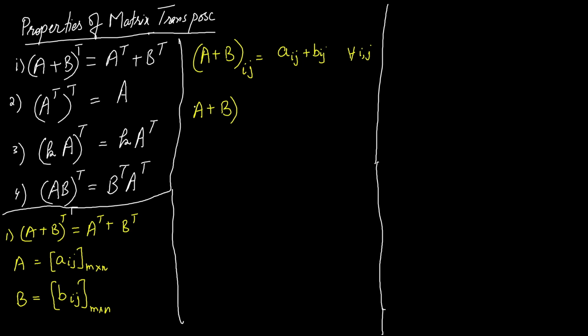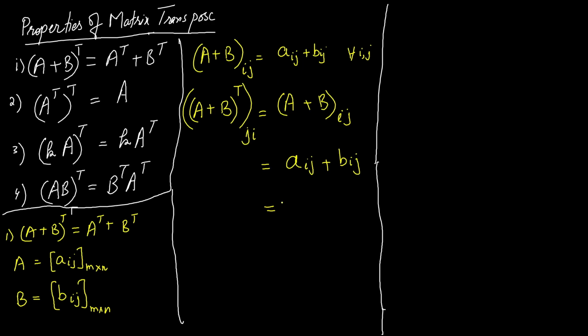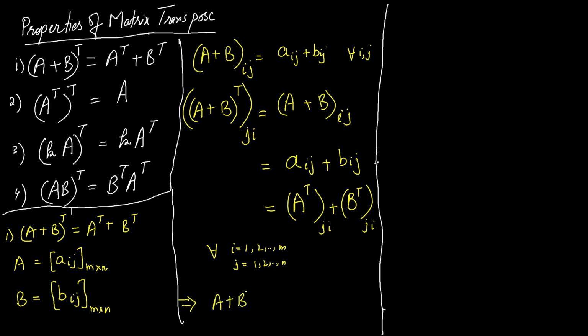Now by definition of the transpose, the element at row j and column i of A plus B transpose is equal to the element at row i and column j of A plus B, which is equal to Aij plus Bij. But Aij is equal to the element at row j and column i of A transpose. Likewise, Bij is equal to the element at row j and column i of B transpose. Since this is true for all values of i and j, therefore we have A plus B whole transpose equal to A transpose plus B transpose.